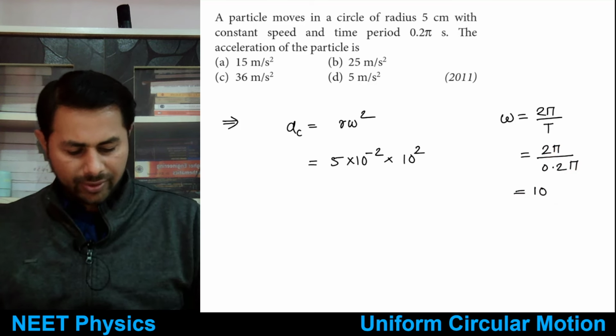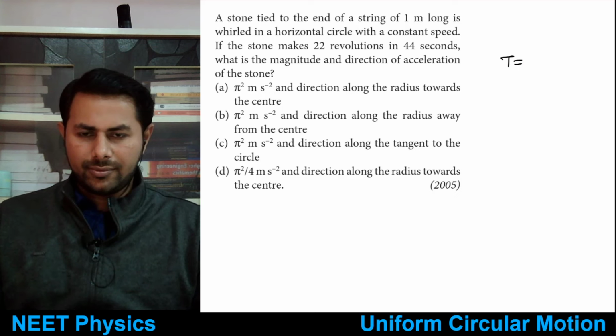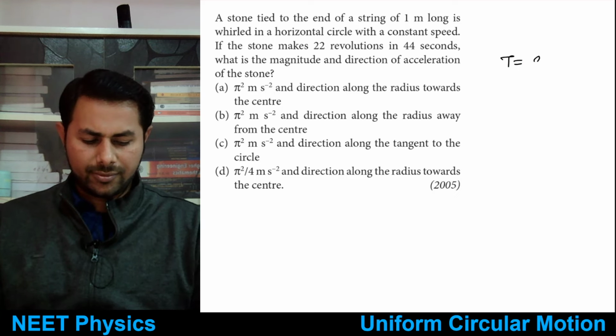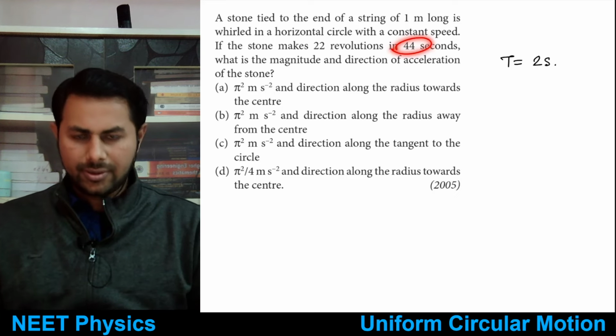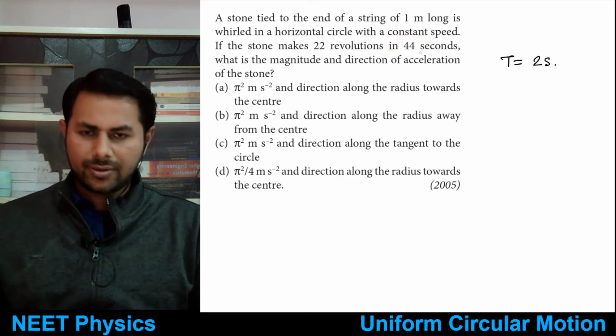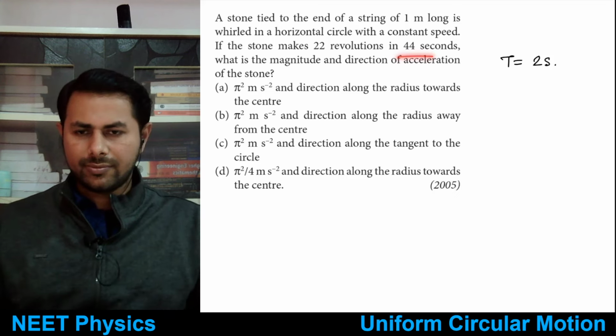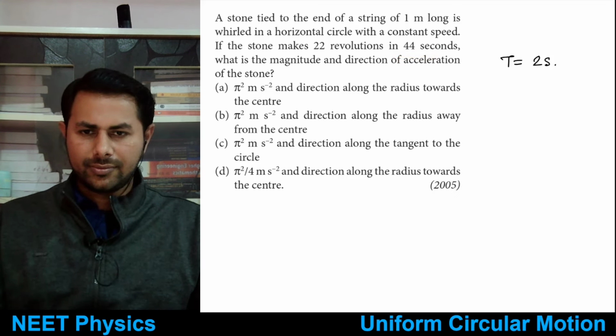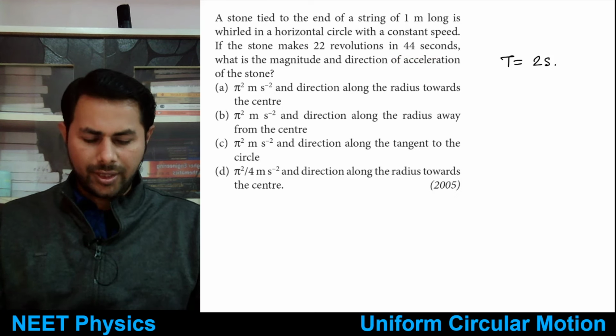22 revolutions in 44 seconds. So first of all, what is the time period? 2 seconds, right? How will you find the time period?